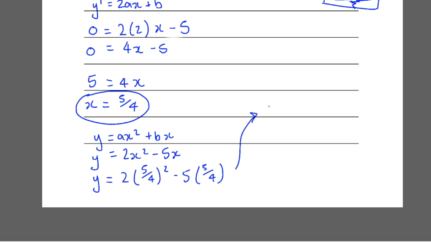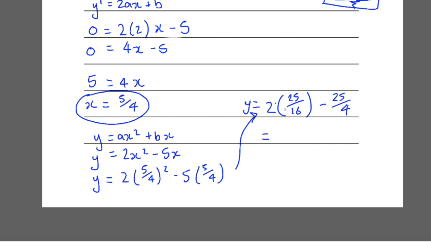All right, so that's 25 on 16, so it's 2 times 25 on 16 minus 5. Let's just simplify that. So minus 5 times 5 is minus 25 on 4.